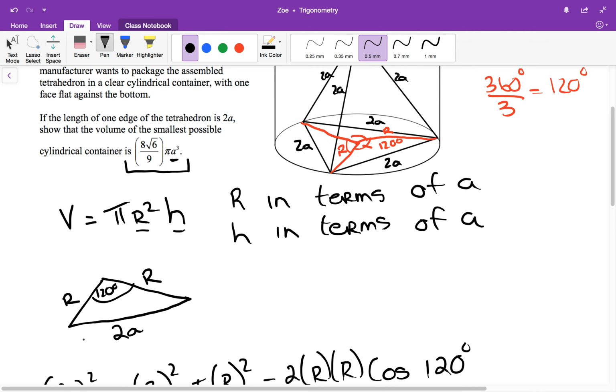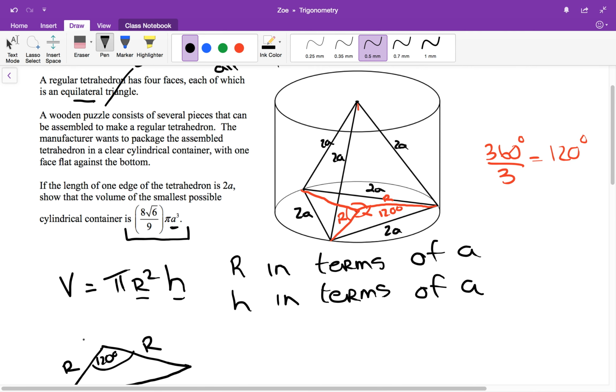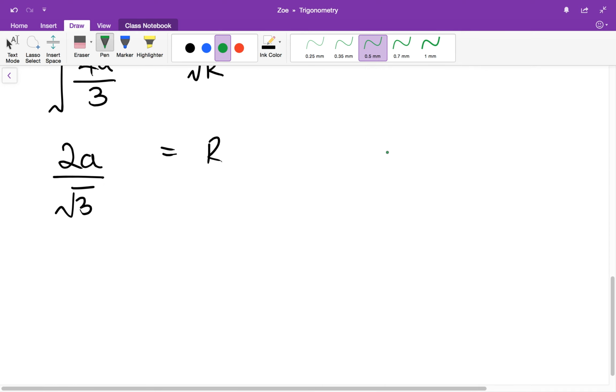Okay, so now h. I kind of created another triangle then. So if I draw straight down here and across there, I get another triangle which includes h. So again, I'm just going to go down here and draw it properly.